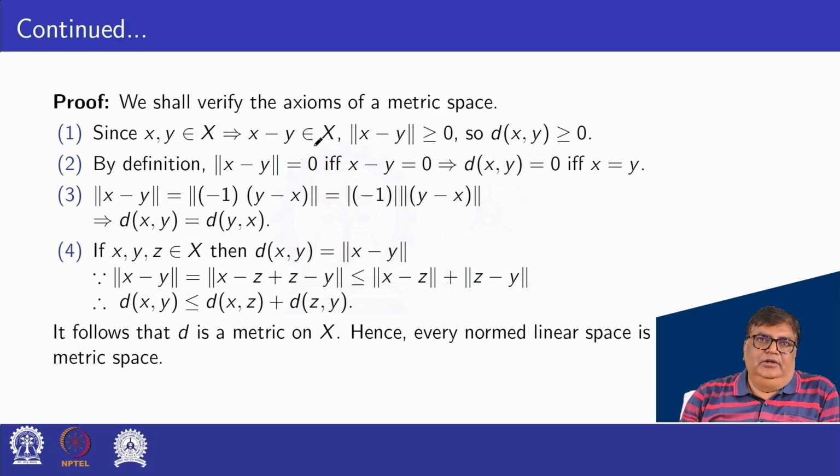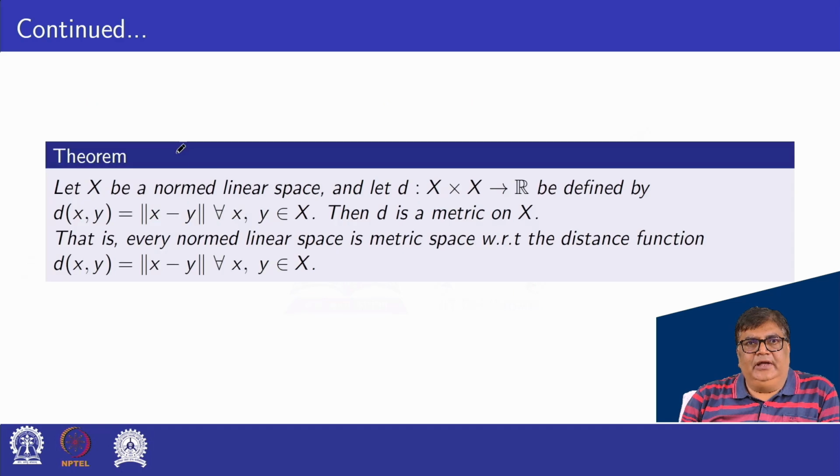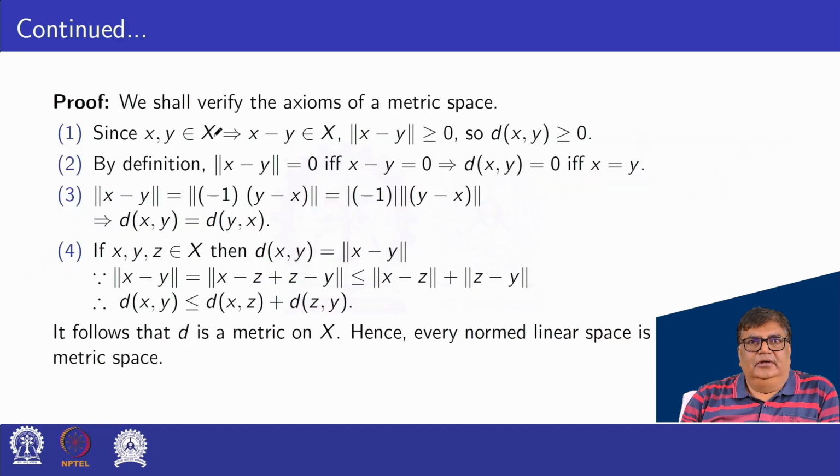Here x, y belonging to X are given, and x minus y belongs to X, because if x belongs to X and a is any scalar, then ax also belongs to X. If b is any scalar, then by belongs to X. Here a is 1 and b is equal to minus 1.